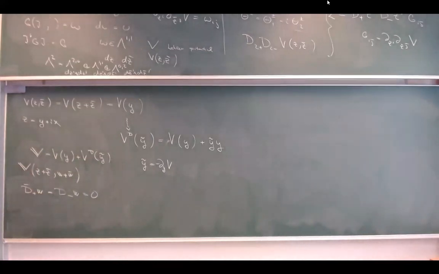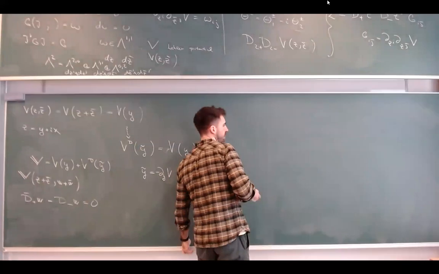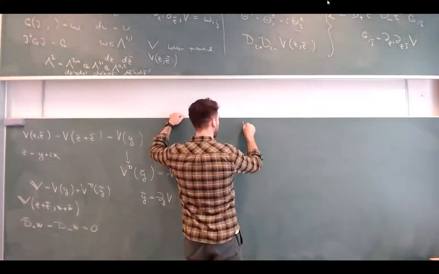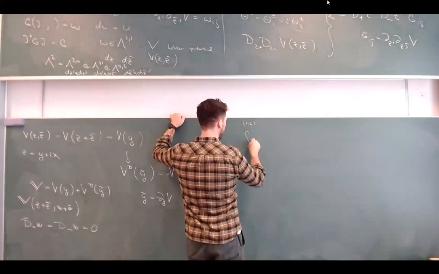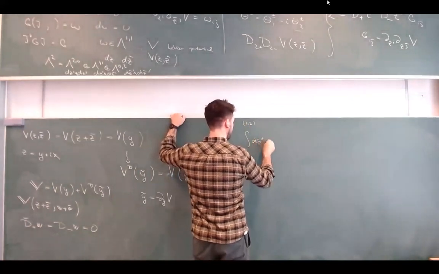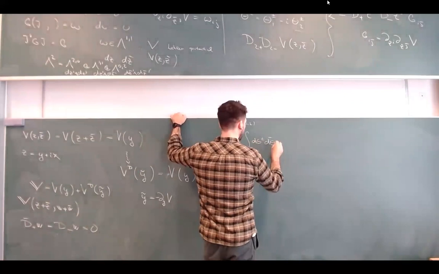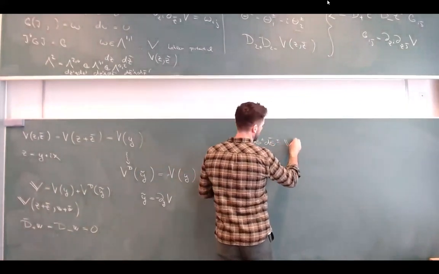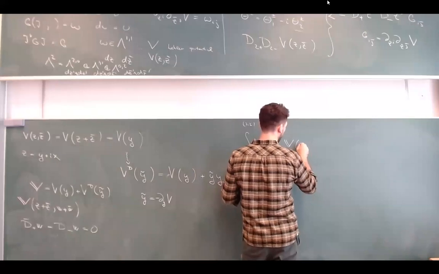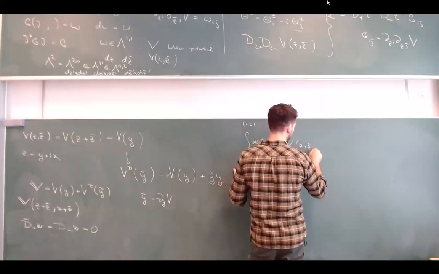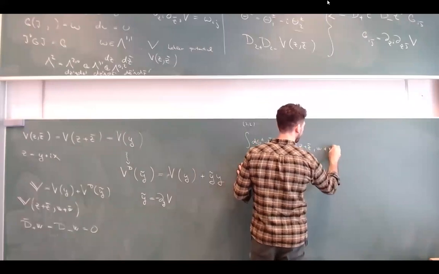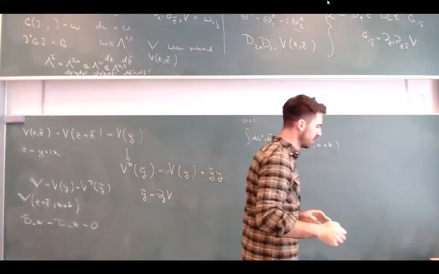And now I can write down a concise model in (2,2) superspace, which is just this. And that's not enough, right?